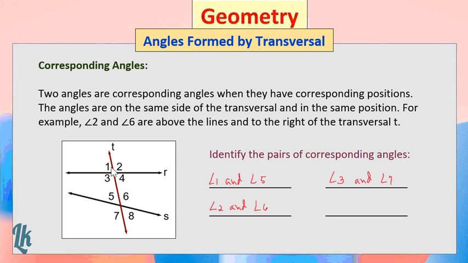Again, because they are both on the left side of the transversal T and both are below the lines. And the last pair gives us angle 4 and angle 8. Both are on the right side of the transversal T and both are below the two lines.